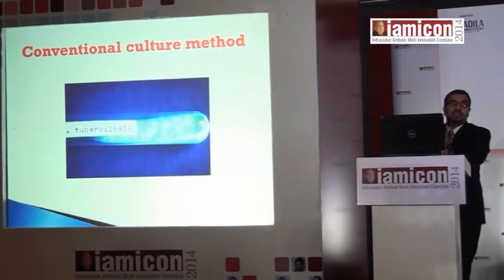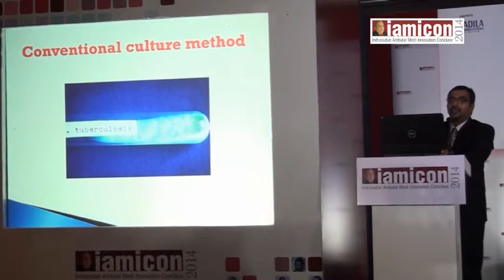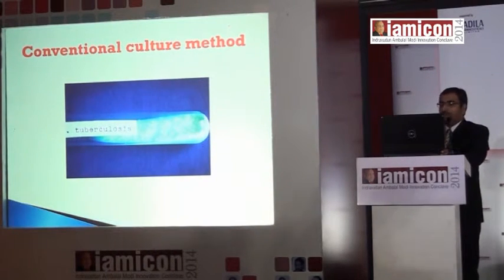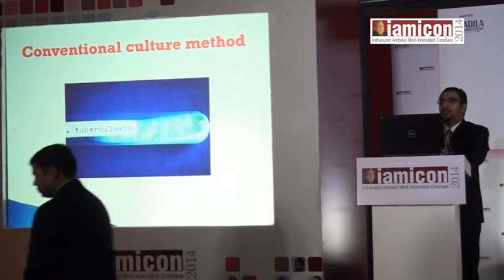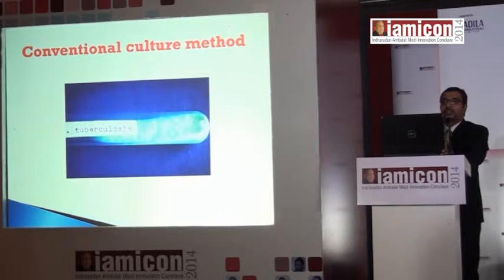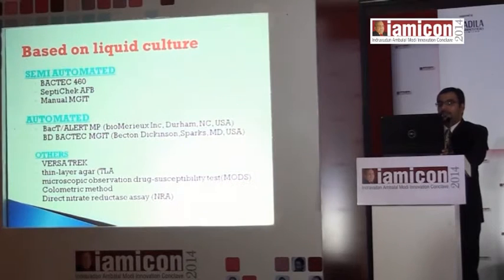Then the conventional culture method. It was started in 1882, but it takes 3 to 4 weeks for development of tubercular bacterial growth and another 4 to 5 weeks for drug susceptibility testing. Now the latest are liquid culture based methods, which can be semi-automated or automated.